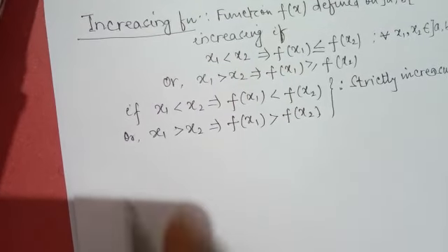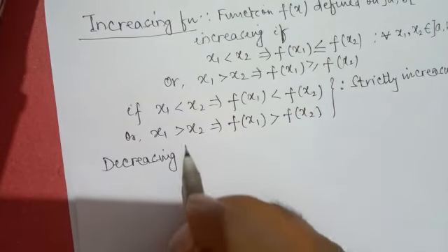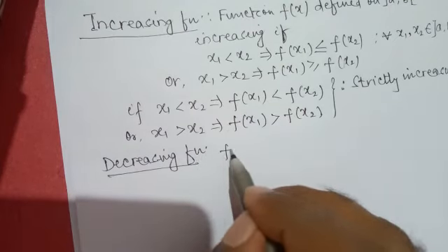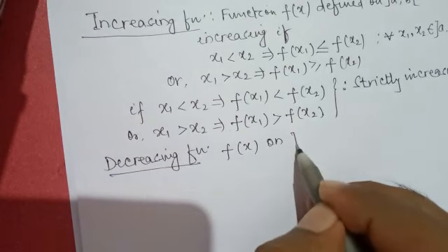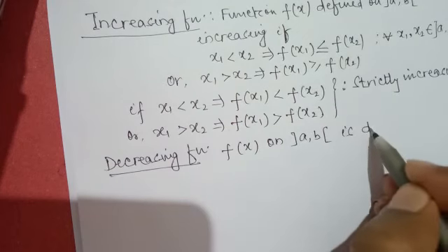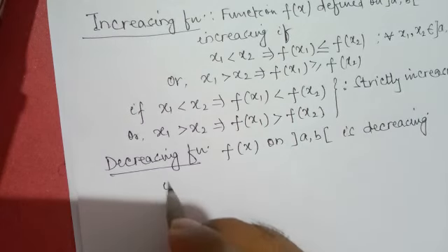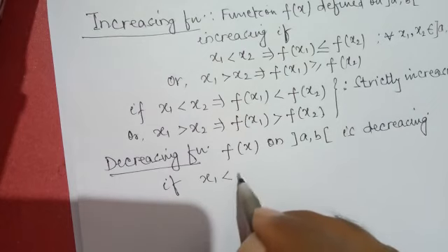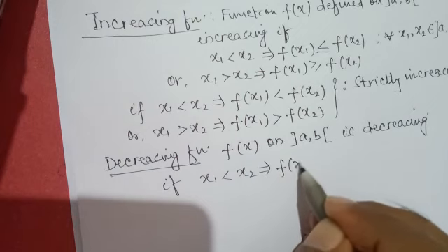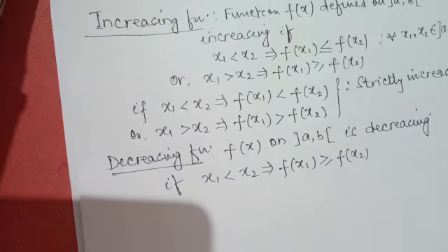Similarly, for decreasing function, the function f(x) on interval (a, b), same interval, is decreasing if x1 less than x2 implies f(x1) is greater than or equal to f(x2), just opposite.